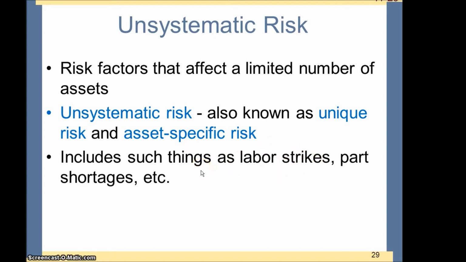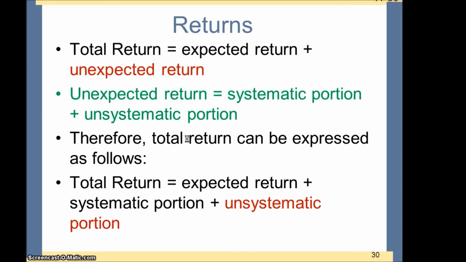If the performance of stock A is not good, it can be offset with the good performance of stocks B, C, or D, and the rest of the stocks. So by diversifying your portfolio, you can diversify away the unsystematic risk. That's why unsystematic risk is also called diversifiable risk.